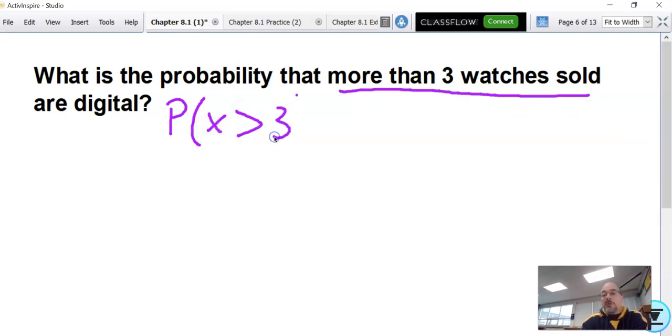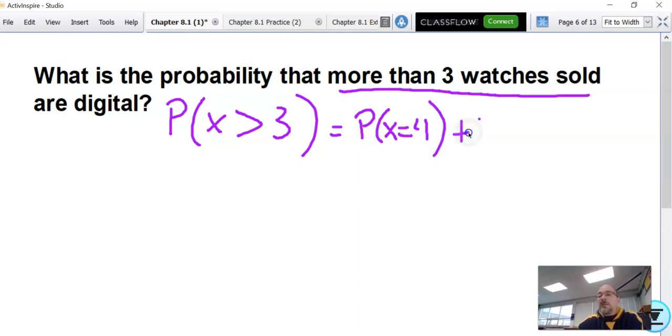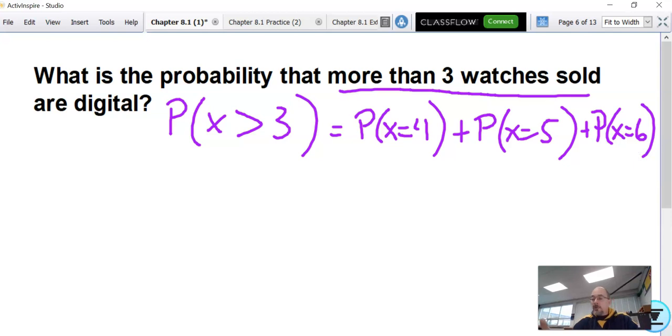Well, that would mean the probability of 4 plus the probability of 5 plus the probability of 6, right? We could do that, folks, because it's a fixed number, it goes up to 6.